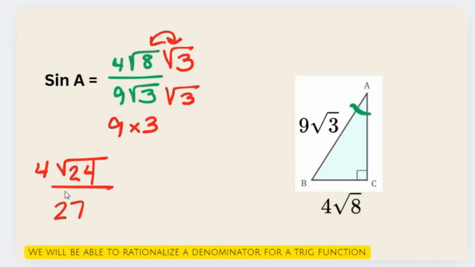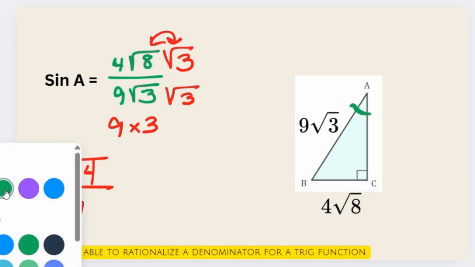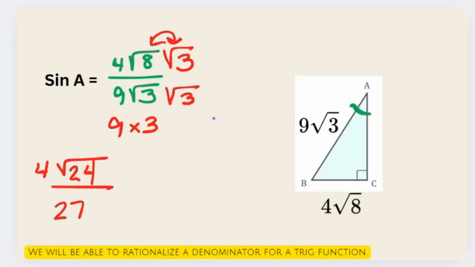Once I have that set up, we could look to see if the 4 and 27 share a common factor. They don't. But I really want to get to this square root of 24 because that can be simplified. And so we need to go back and think about how we simplified radicals or square roots.